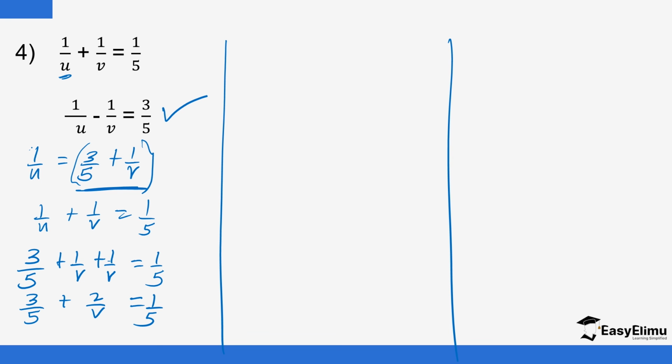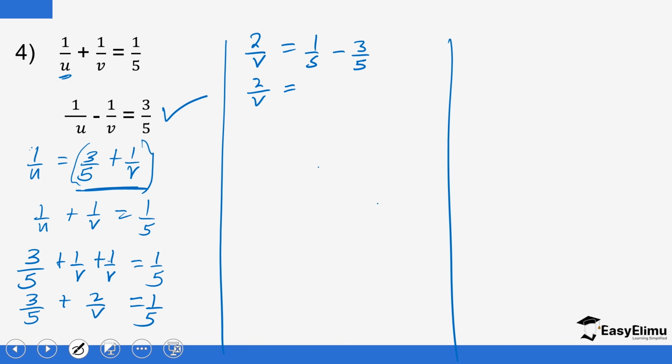Then now I can decide to multiply all through by 5, the denominator here, or just make 3 over 5 cross to the other side. So I have 2 over v should be equal to 1 over 5 minus 3 over 5. The LCM is 5, of course.